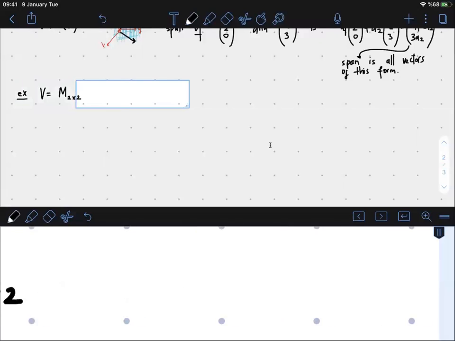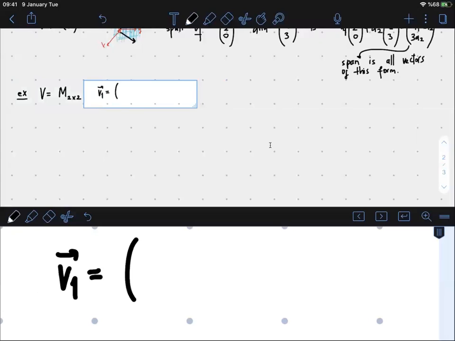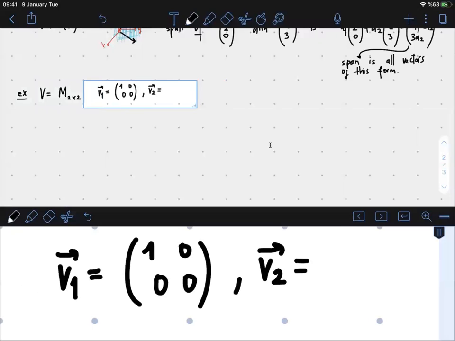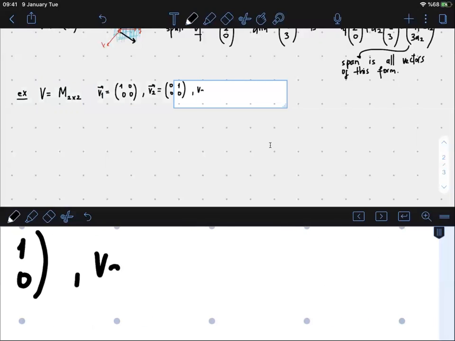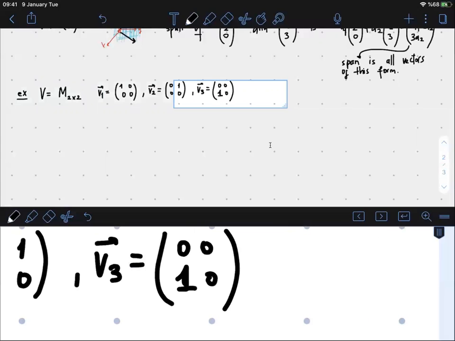Now vectors are matrices. Let's take V1 to be 1 0 0 0, V2 to be 0 1 0 0, and V3 to be 0 0 1 0.